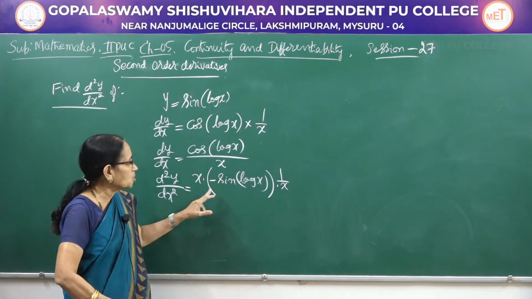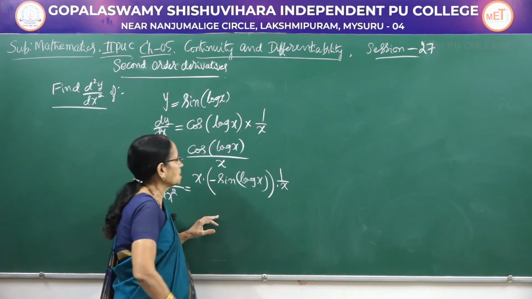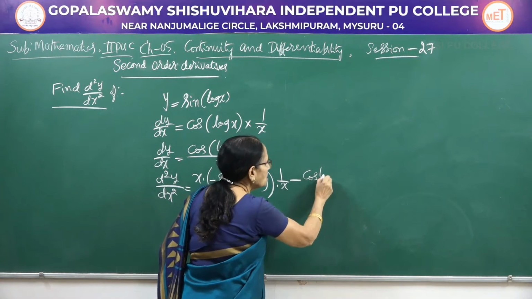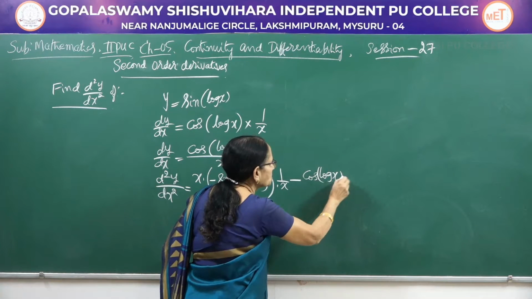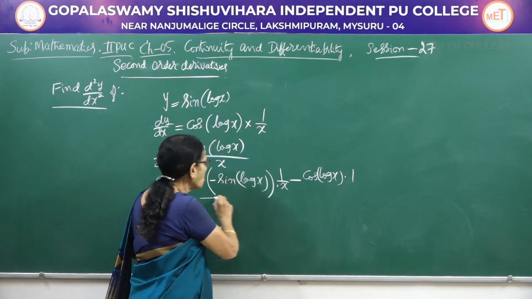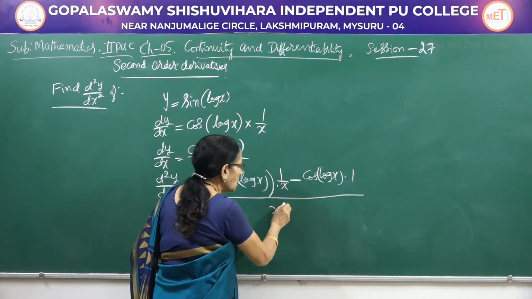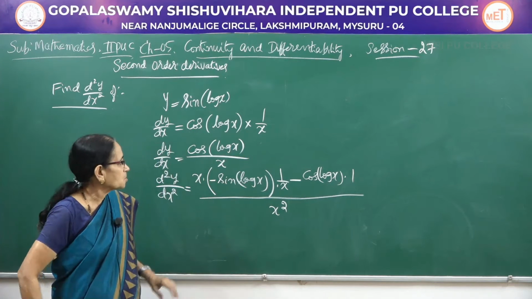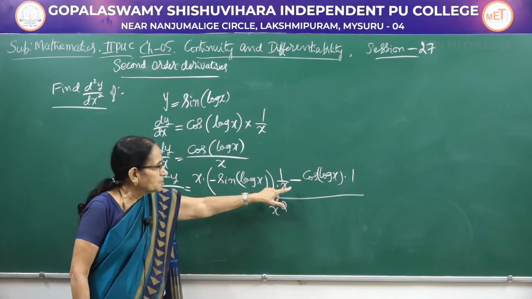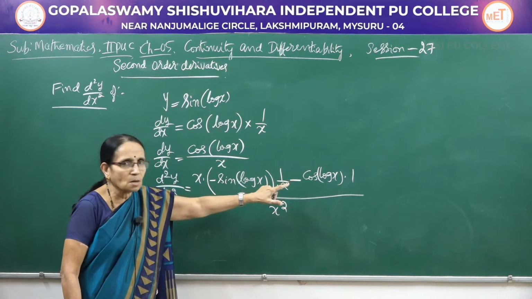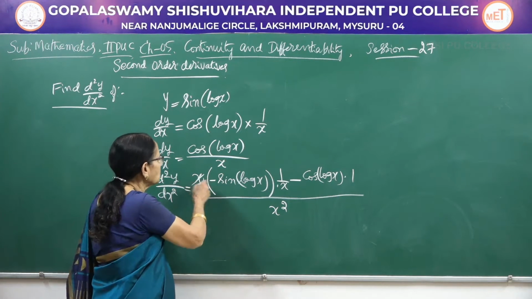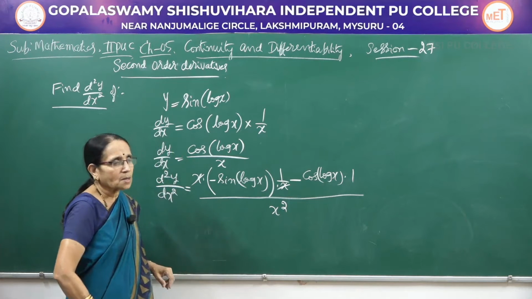So, the denominator into derivative of the numerator, minus the numerator, cos of log x, into derivative of the denominator, which is 1. Whole thing divided by the square of the denominator. You observe x and 1 by x now get cancelled.